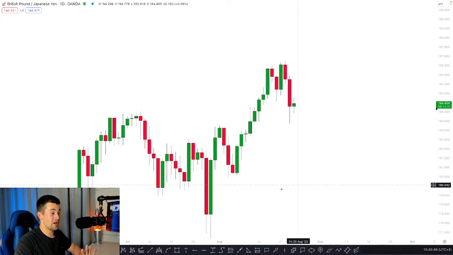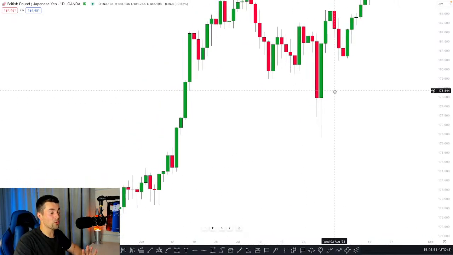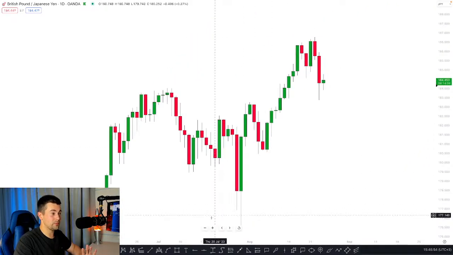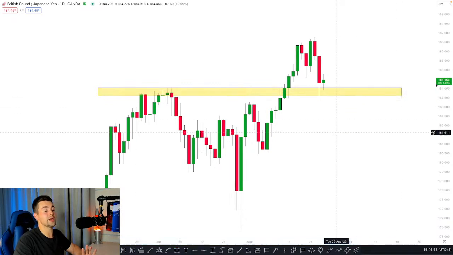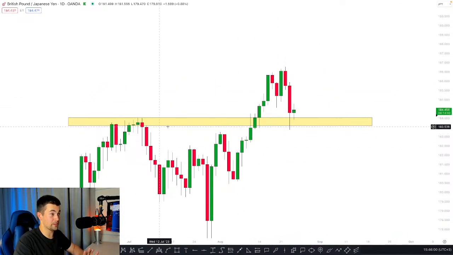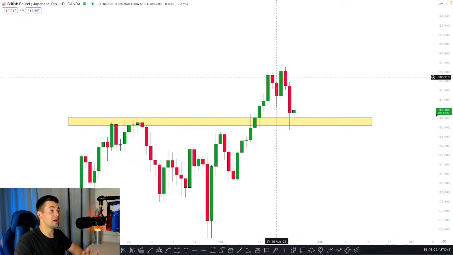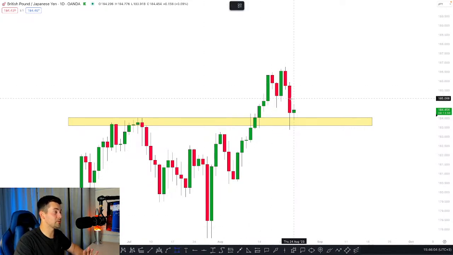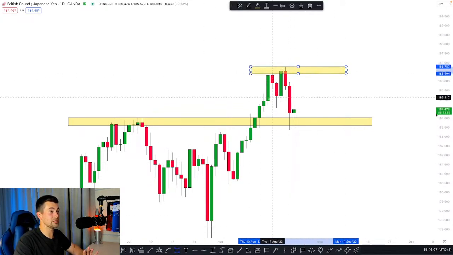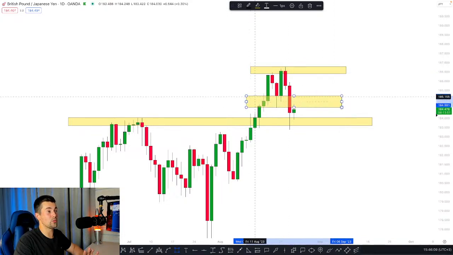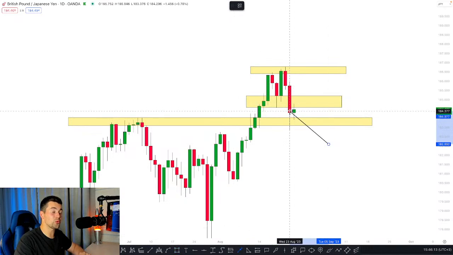So here on pound yen, we are also trading in a long-term bullish trend, and also recently we got a confirmed structure breakout. Yes, that structure here was broken, and after the breakout, the market started to consolidate, and you can see that we were consolidating for some time within that range.